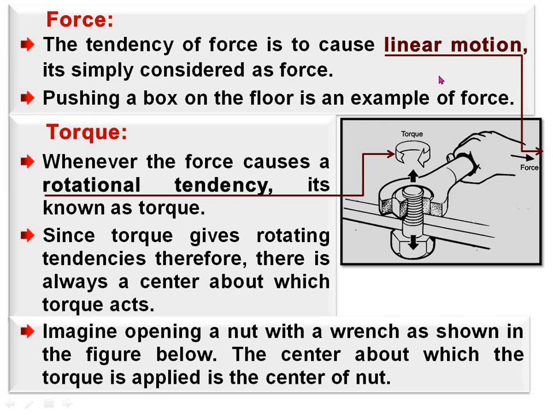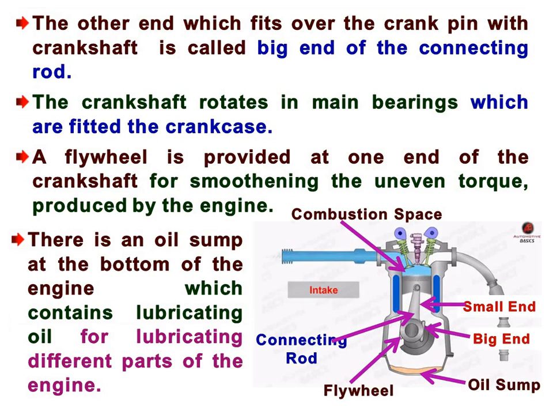So if we push some object with some force and it produces linear motion, it is called force. But as you see in the figure, when we apply some force and twist with a spanner to open a nut bolt or anything, that is called torque. So a rotational force which produces rotational tendency is called torque.